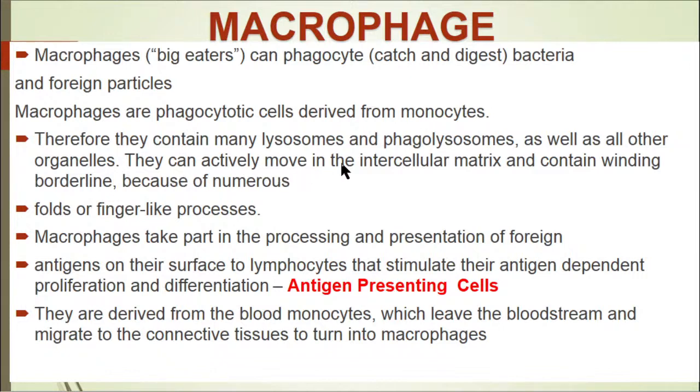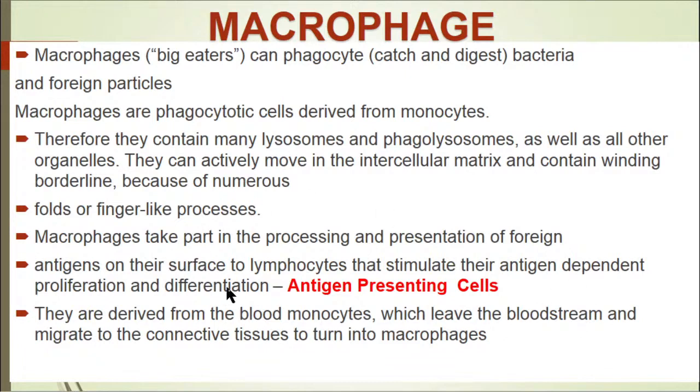Therefore, they contain mainly lysosomes and phagolysosomes as well as other organelles. They can actively remodel intercellular matrix and contain winding borderline and because of numerous folds of finger-like processes, which is like a variant of pseudopodia.